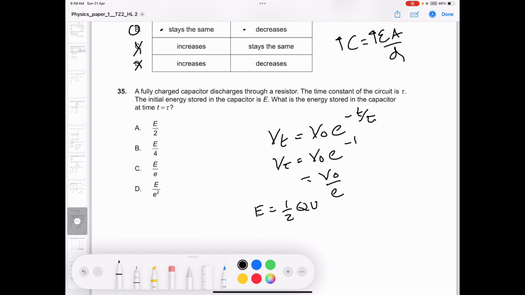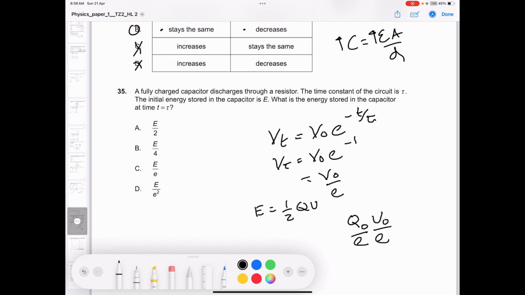at time t equal to tau the voltage is V naught all over e. We can use exactly the same idea for Q. Instead of V(t) equal to V naught, we can have Q(t) equal to Q naught, so that means that we have Q naught over e.